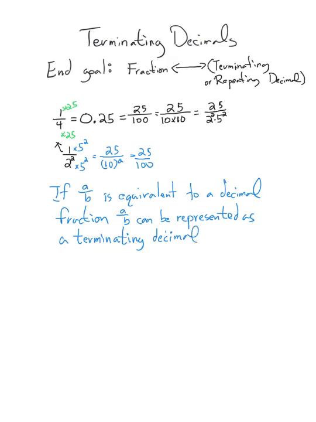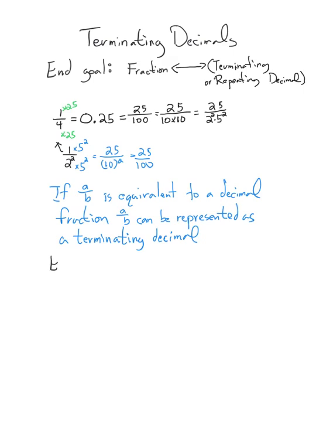So that's kind of our idea here. Any time that we have this equivalence to a decimal fraction, we should be able to write it as a terminating decimal. Let's look at another one.